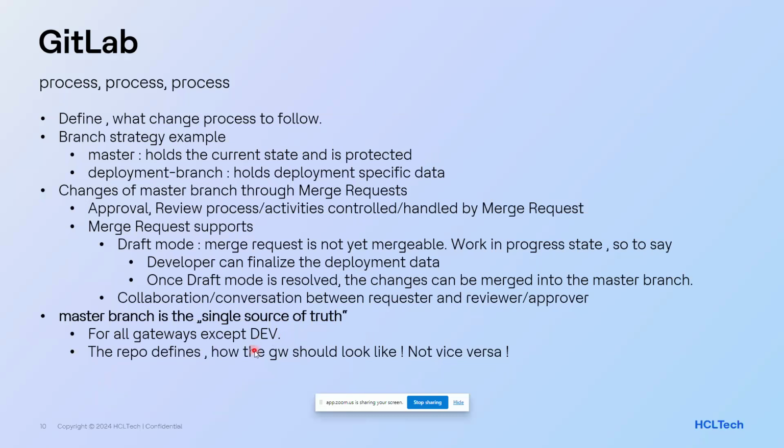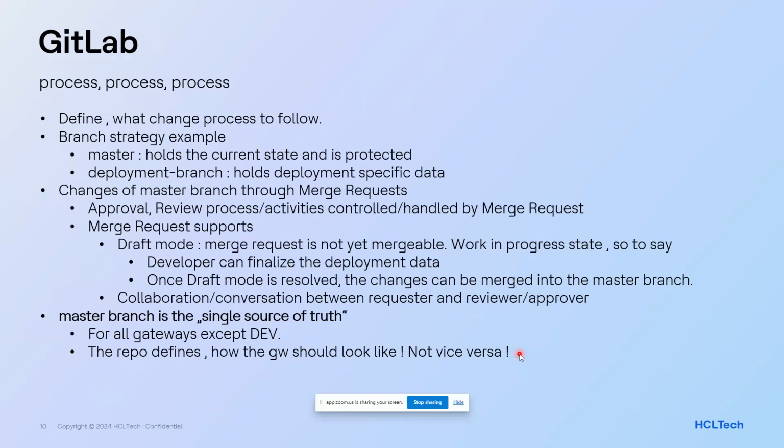Anyway, the repository defines how the gateway should look like, not vice versa. I don't know if you have already looked into the Kubernetes controller, but this understanding is exactly what the Kubernetes controller provides. The repository defines how the gateway should look like. It is the single source of truth, something which is important to understand.